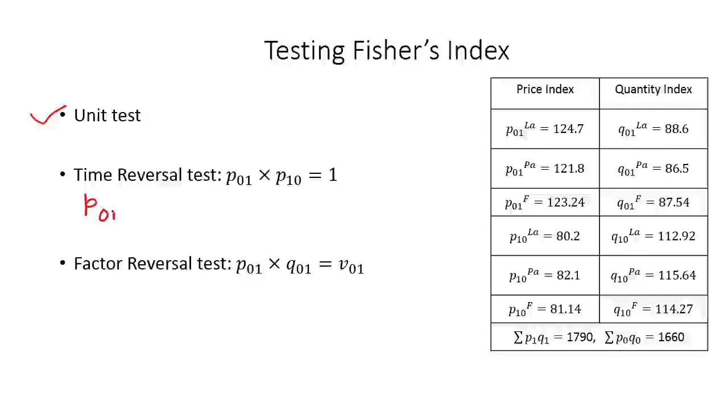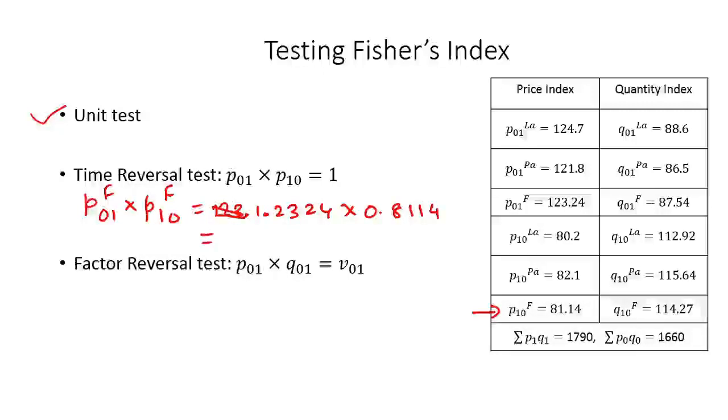So P01 Fishers into P10 Fishers. If we substitute these values, P01 Fishers is 123.24, so it is 1.2324, into P10 Fishers, which is 81.14, so 0.8114.